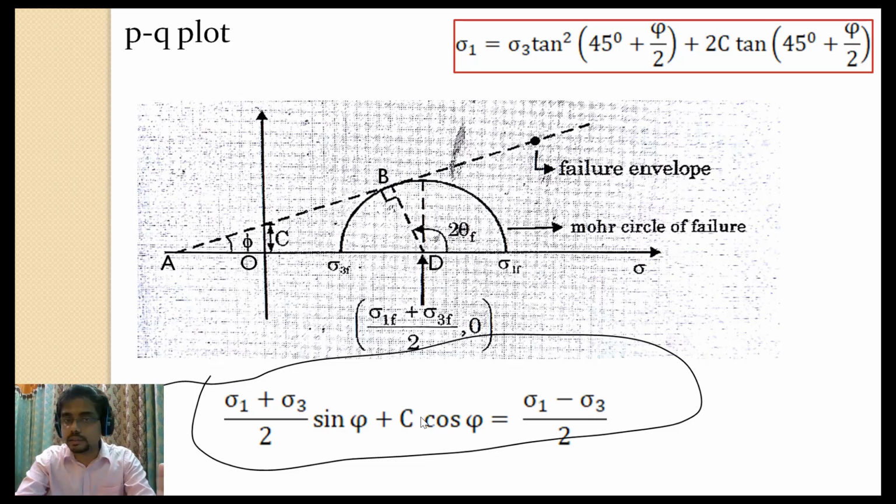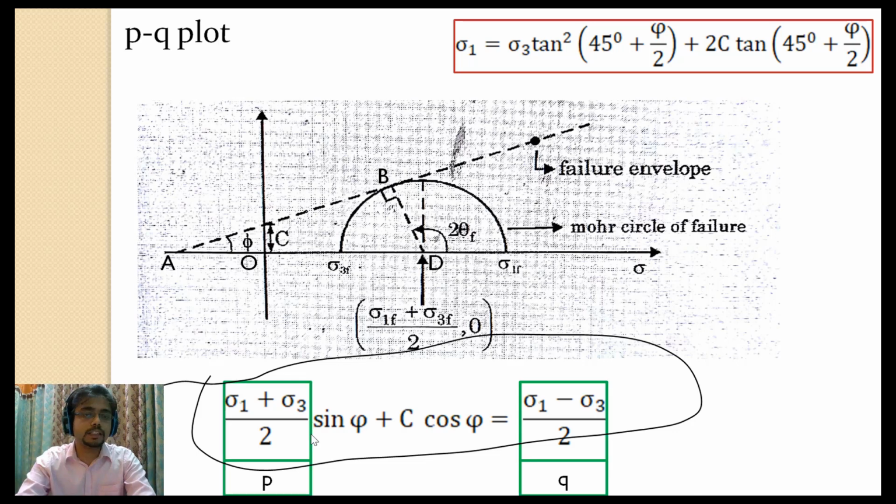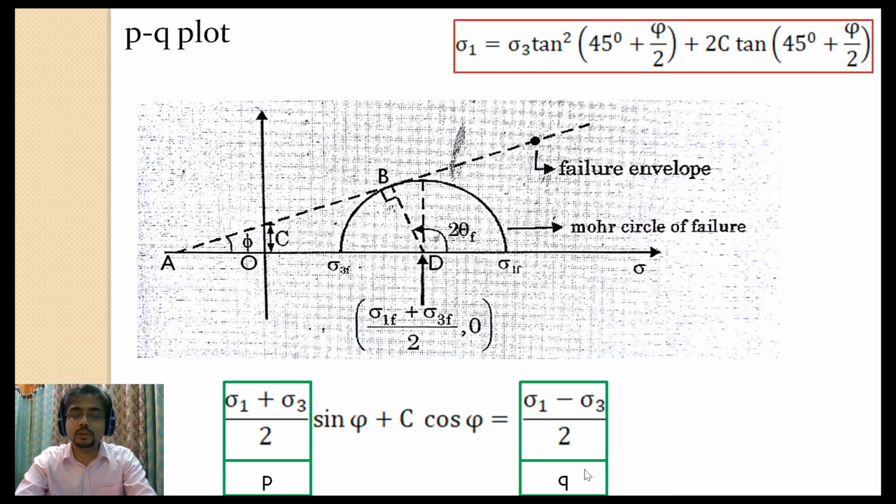Now in this equation, sigma 1 plus sigma 3 by 2 is termed as P, and sigma 1 minus sigma 3 by 2 is termed as Q. So from this equation we can say that P and Q have a linear relationship.